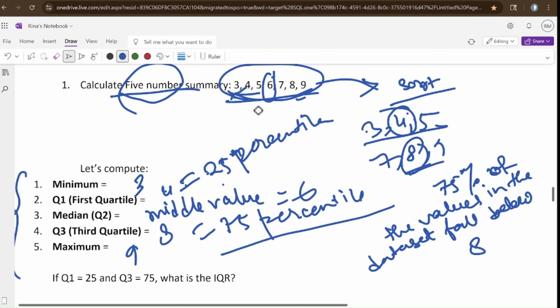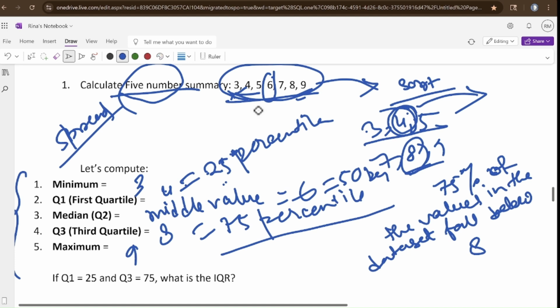Same, 25% of the values in the dataset fall below 4. That is why it is the 25th percentile. Okay. And median is also known as the 50th percentile. That means 50% of the values in the dataset fall below 6. Clear? So you understand the spread of the dataset.